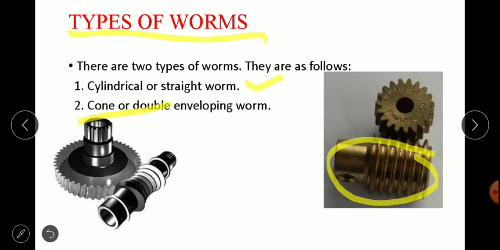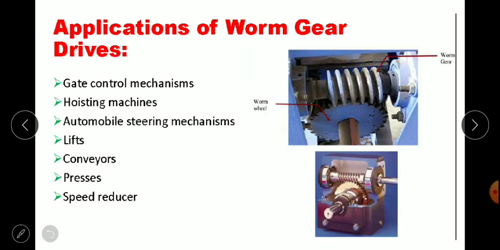Next one is the cone type, that is this worm which is a conical or enveloping type. So basically two types are there. For simple power transmission we can go for this, or for special purposes we have to go for conical drives.